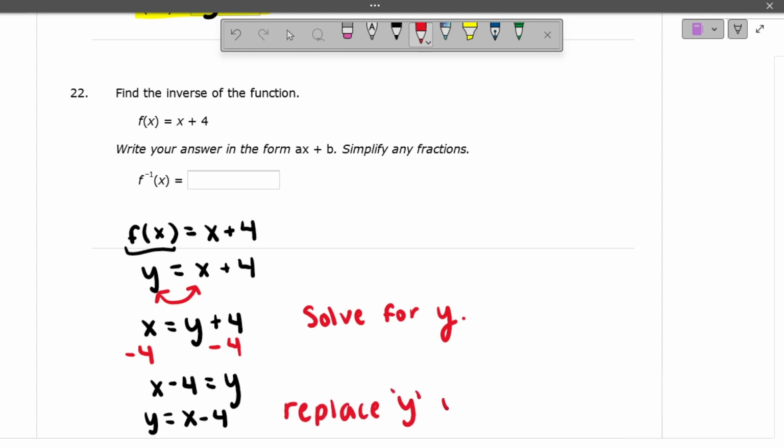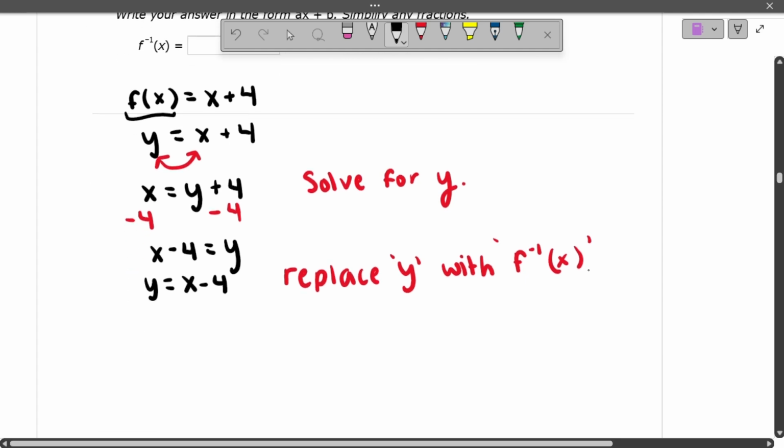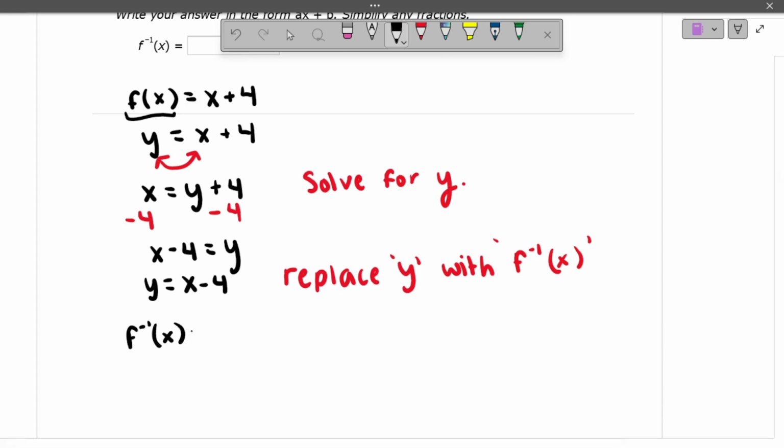y with the notation of f inverse of x. So replace y with that. So let me just scroll down a little bit more. So instead of y, we're going to write f inverse of x is equal to x minus 4.